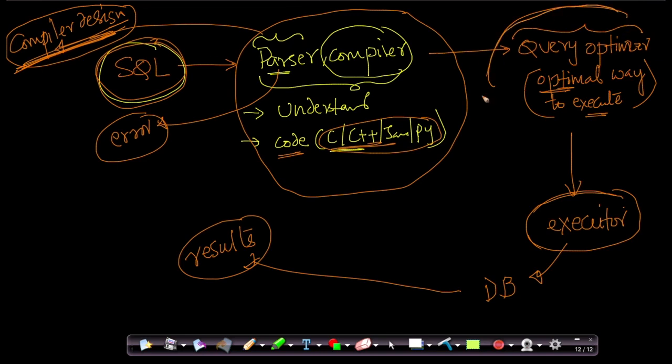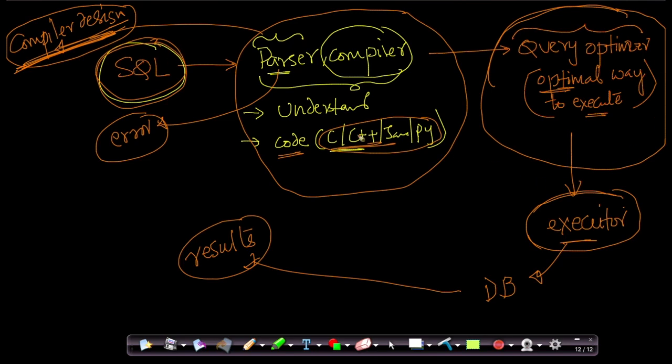Similarly, query optimizers are a very interesting area that people typically learn at graduate level, at master's or PhD level. And then the executor ensures that all of the optimized code is executed and the results are given back.